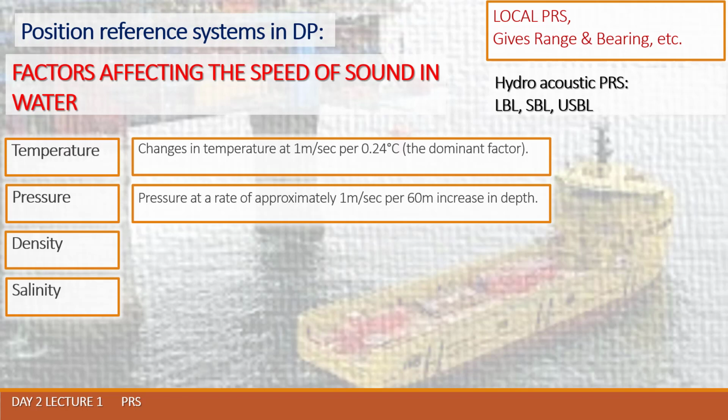Density: the denser the environment, the higher the speed of sound in that environment. For example, the speed of sound in marble is about 5000 meters per second.